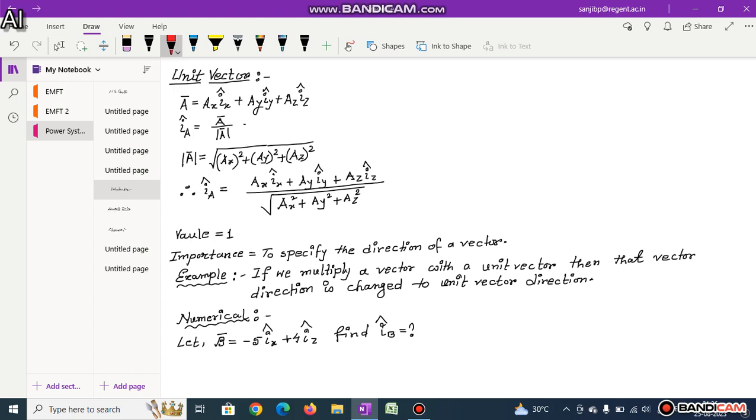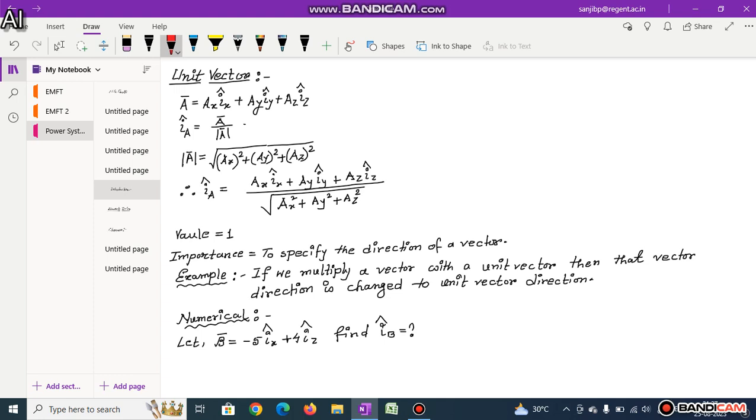Now I want to calculate ia, the unit vector of A in the direction of A. The formula of the unit vector is the vector A in the numerator and the modulus of A in the denominator.